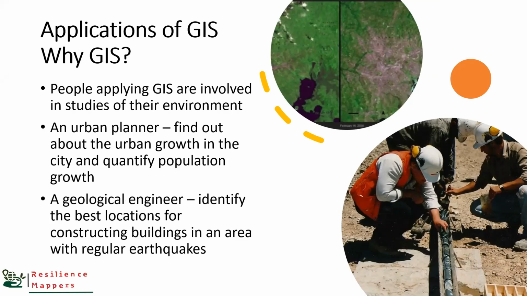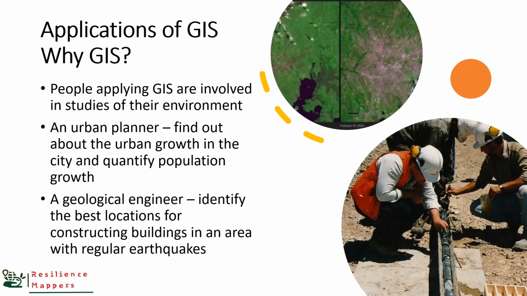A simple case can be an urban planner. I know very well the many urban planners in this session. An urban planner, for example in Kampala, would want to know how Kampala is growing. Is it expanding, and if so, in which direction? How is it changing over the years? What's the quantity of the expansion? How many buildings have increased over the years, how much vegetation has been lost, or how much built-up area has increased?